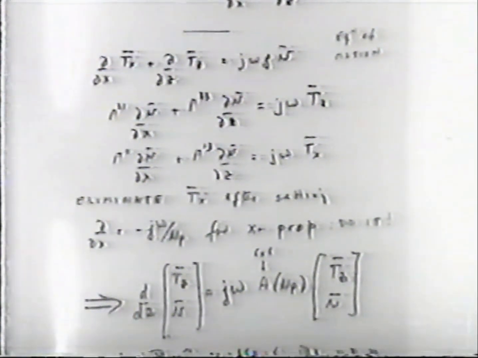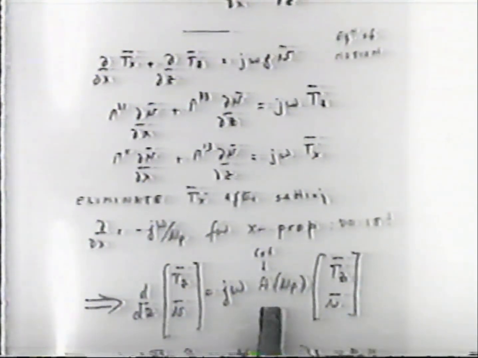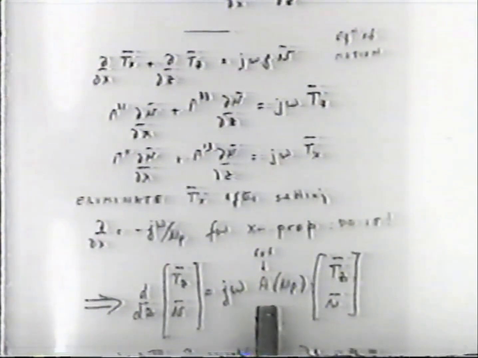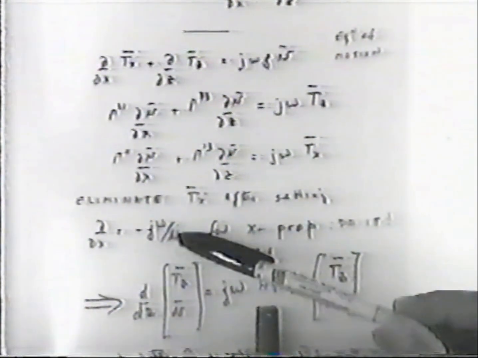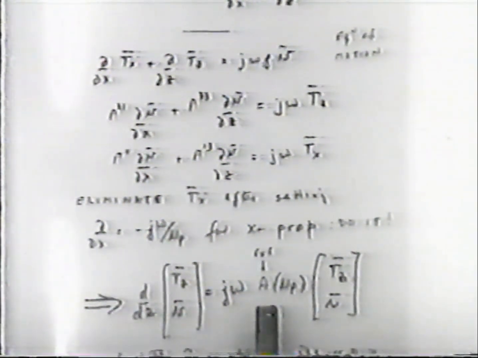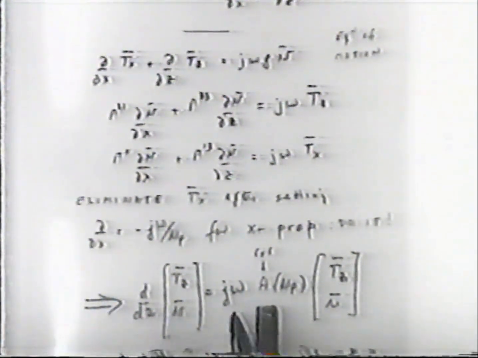Now, this matrix A is a function of the phase velocity, because we're going to be setting d/dx to j omega over v sub p, so that's going to come in somehow. And there's a j omega that stays out front.